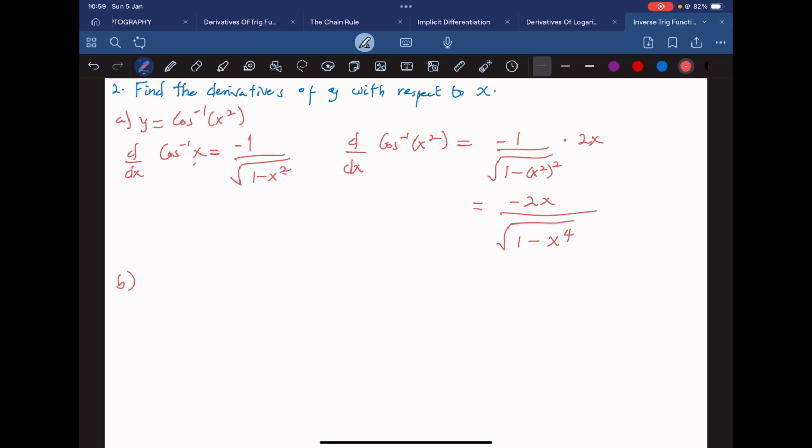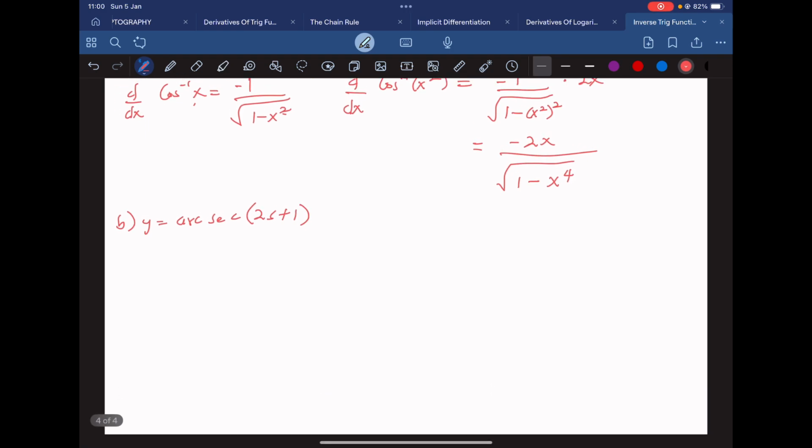Let's look at a different question. So we have arcsin of 2x plus 1.